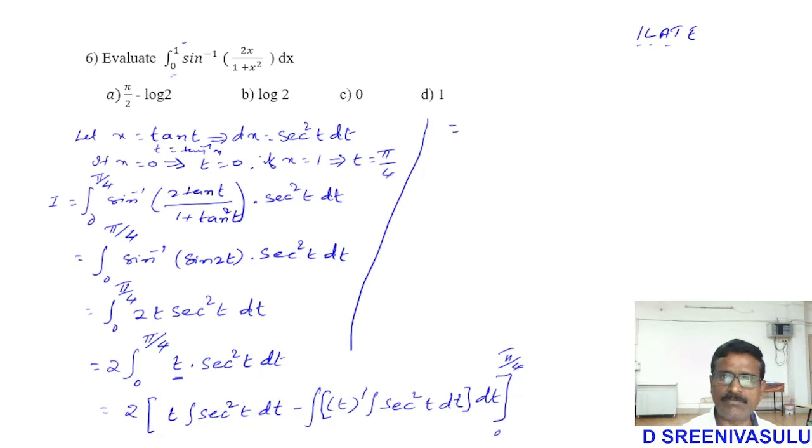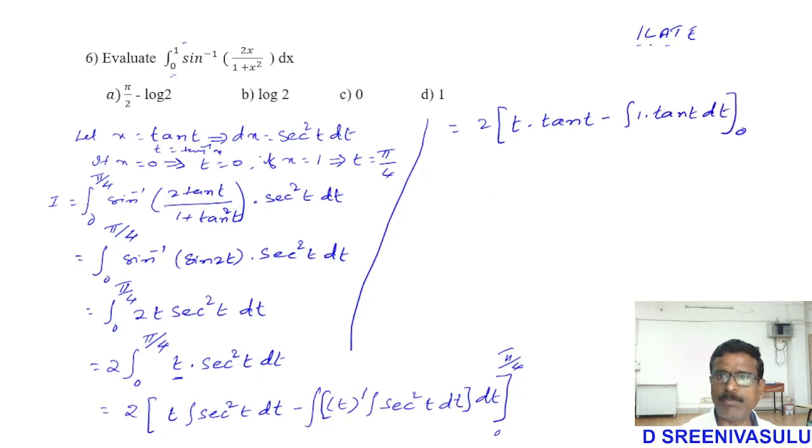This is equal to 2 into t integral secant square t. Integral secant square t is tan t, minus integral of t dash, differentiation of t is 1, into what is integral secant square t? Tan t, dt.